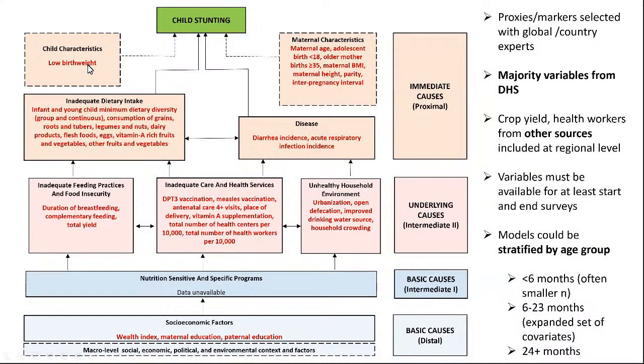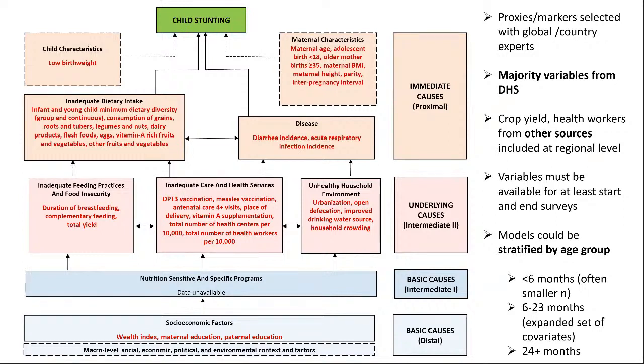We also looked at low birth weight as a child characteristic, and maternal age, adolescent birth, older mother birth, maternal BMI and height, and parity and interpregnancy intervals, all as proxies of the intergenerational malnutrition transfer piece. Again, all imperfect measures, good to moderate level quality in terms of being proxies, but these are the data that were available.